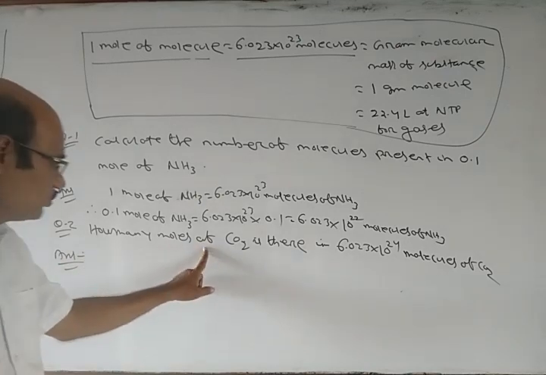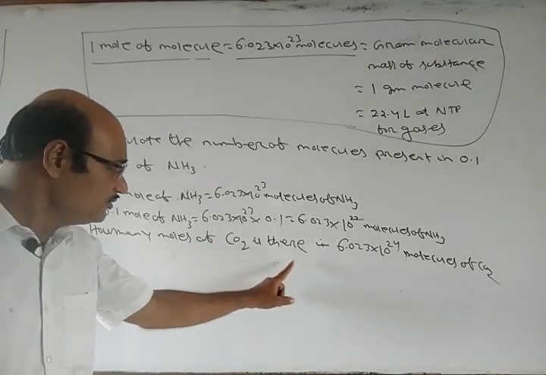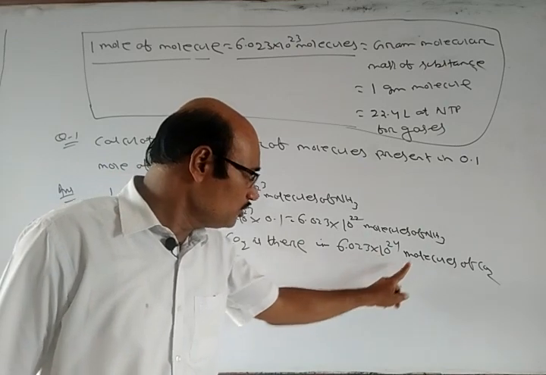How many moles of carbon dioxide are there in 6.023 into 10 power 24 molecules of carbon dioxide?